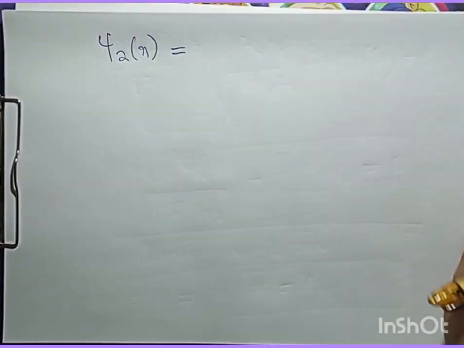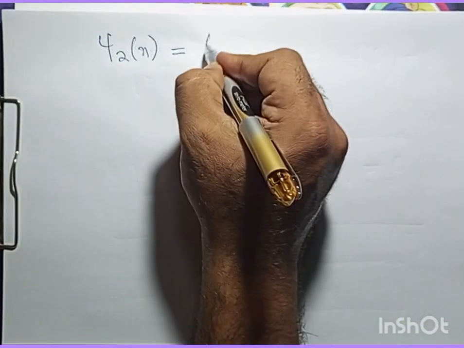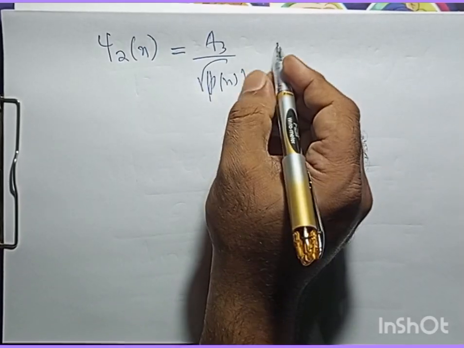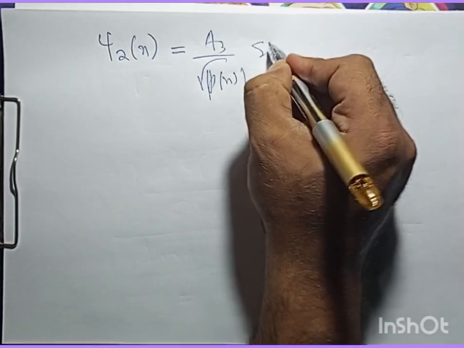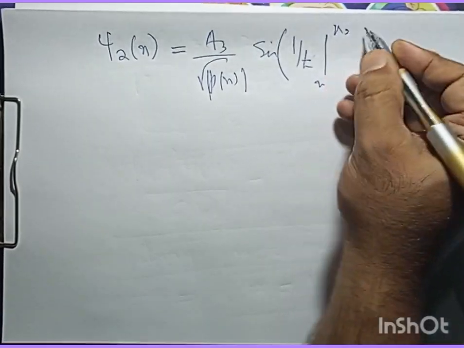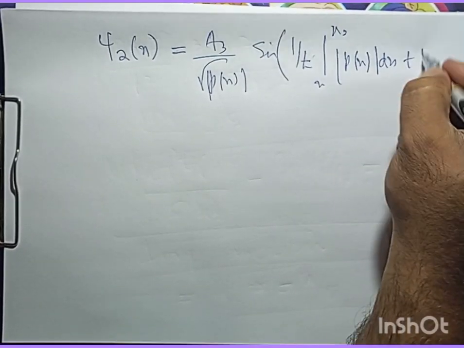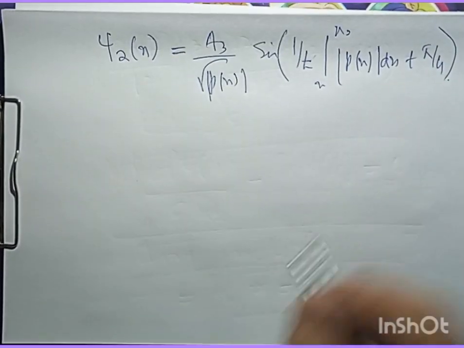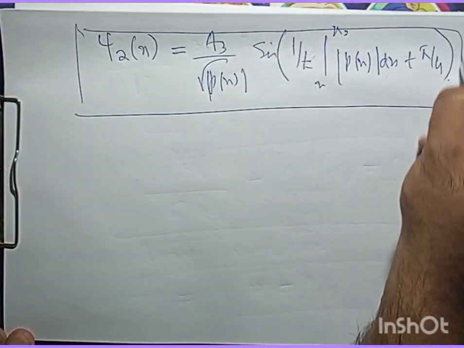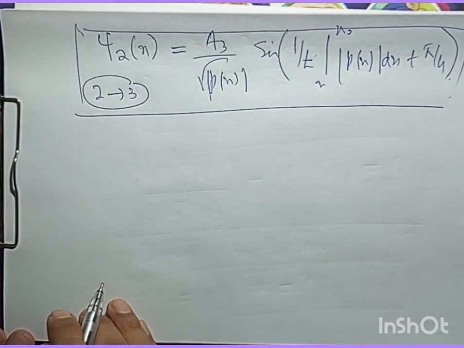This gives me a3 by under root of p of x magnitude, then sine of 1 by h bar integral from x to x2 of p of x dx, then plus pi by 4. So this is our connection relation between 2 and 3.